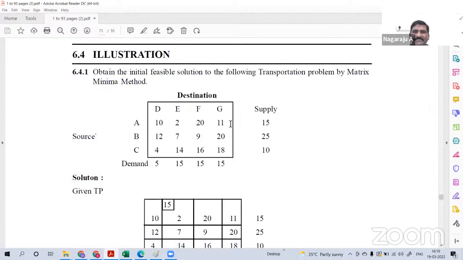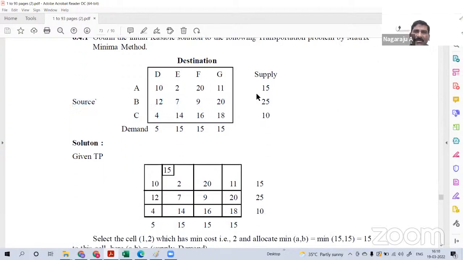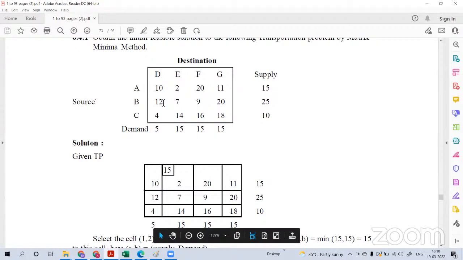Here I can take an example. These are all the demands, and these are all the supplies. Now, how will I allot? Here I am applying destination, demand and supply, so it is 15.